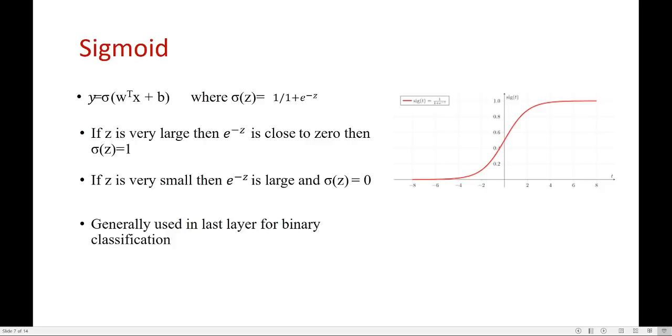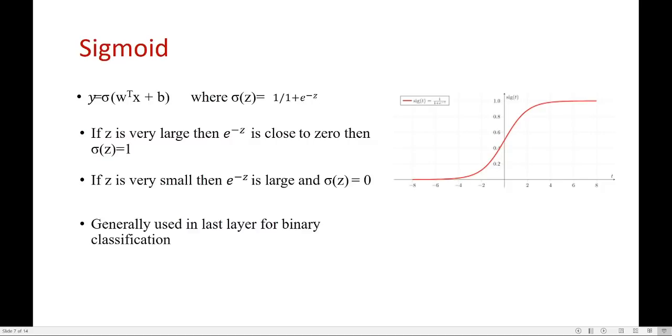If the z value is very large, then we expect the sigmoid activation function to output 1, while if z is very small, then the sigmoid activation function should provide a value close to 0. Now let's see whether it works like this with the formula. If we have a higher value for z, then e raised to minus z will be close to 0.